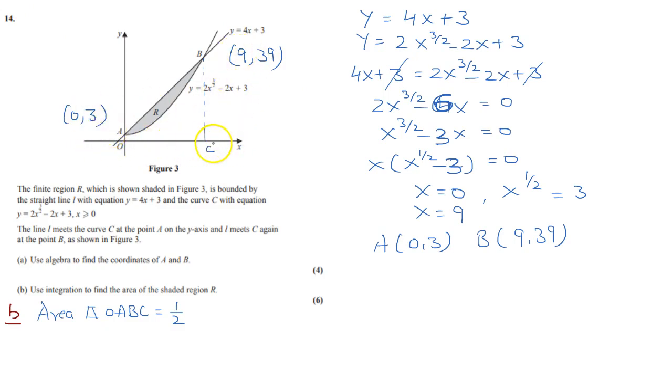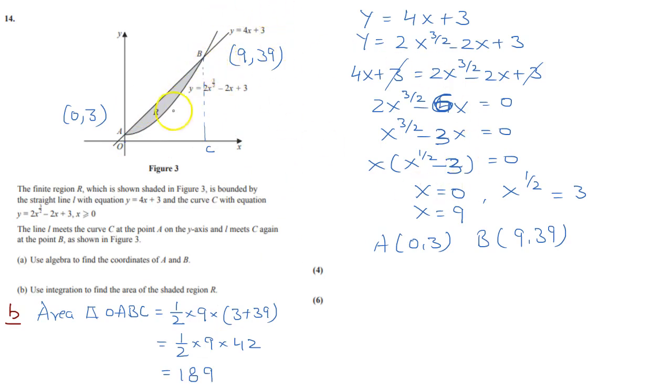The x coordinate is 9, so this is 0 and this is 9. Then the sum of the y values, this is 3 and this is 39. So this is 3 plus 39. That is half multiply 9 multiply 42. So this is 21 times 9, which is 189. This is the area of this trapezium.